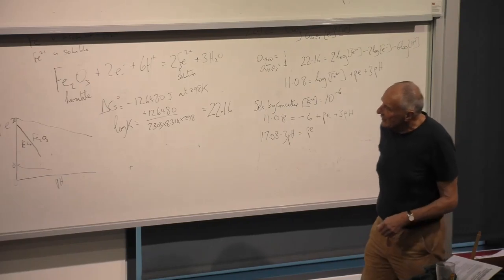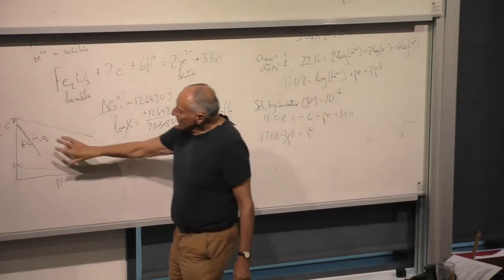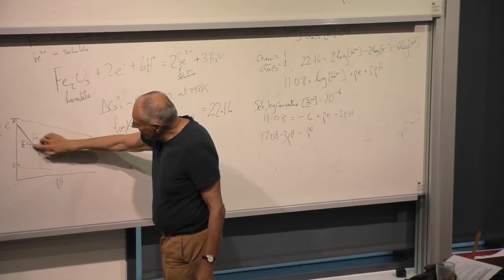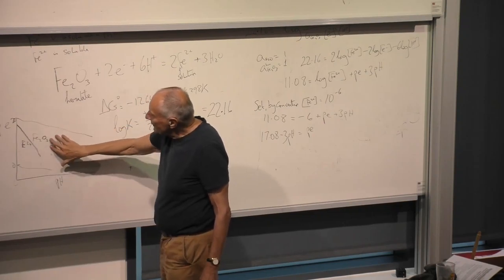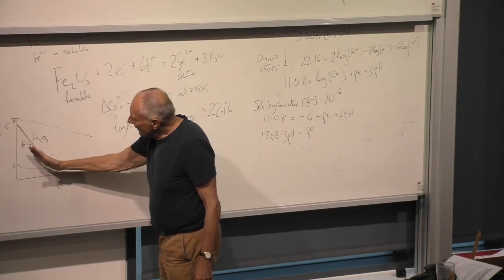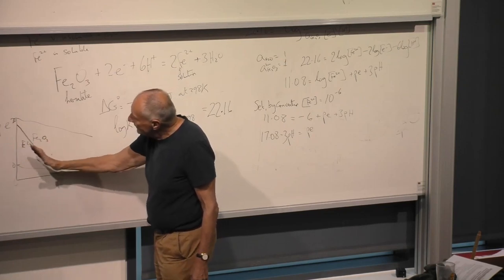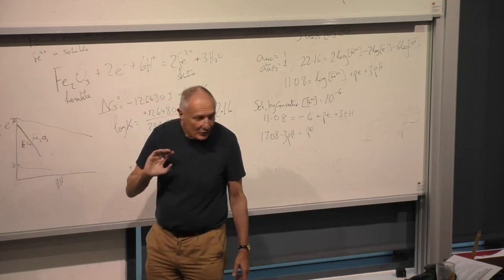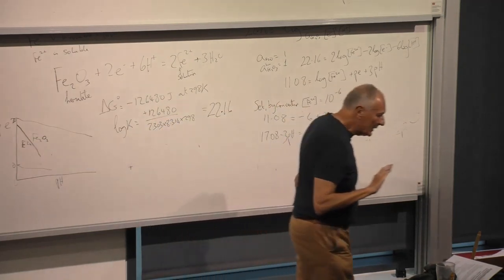Okay, so if the conditions are more oxidized or less acid than that line, then we treat Fe2O3 as if it's completely insoluble. If they're more acid or more reducing than that line, then we treat it as Fe2+ in solution.